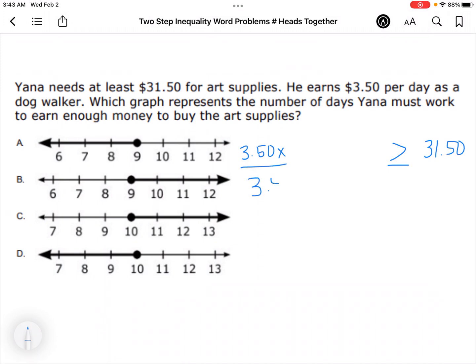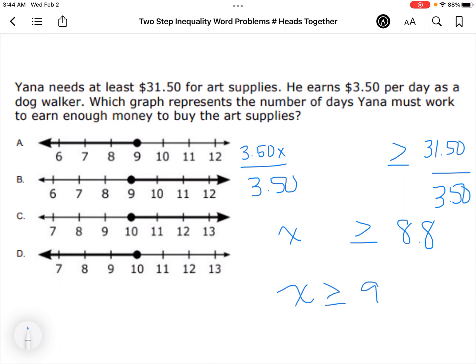So I'm going to divide by 350. So 3150 divided by 350 is 8.8. So I know I've got to work at least 9 days. So, right? Did I divide that right? 3150 divided by 350.